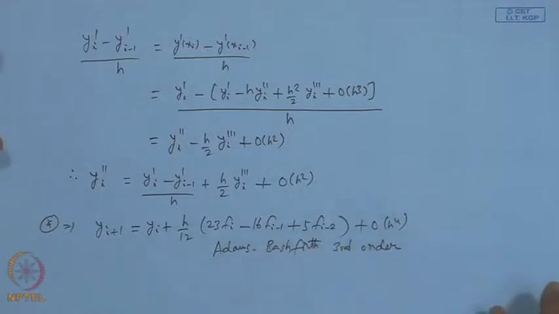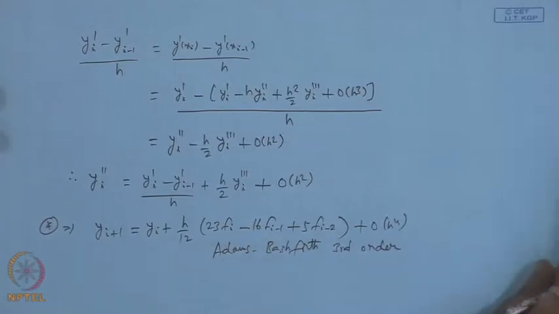So, this is a kind of alternative thought. I mean, this is a little unusual, but this is a kind of alternative thought. So, this gives the multi-step method. So, one can derive other methods.